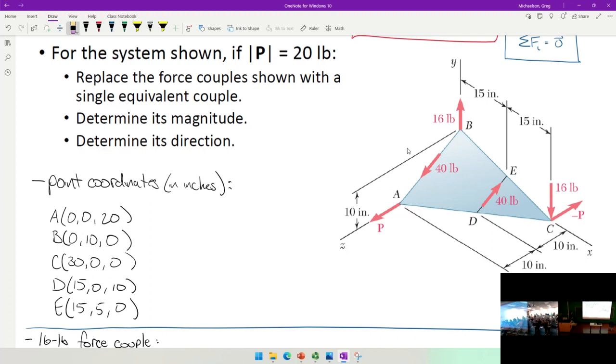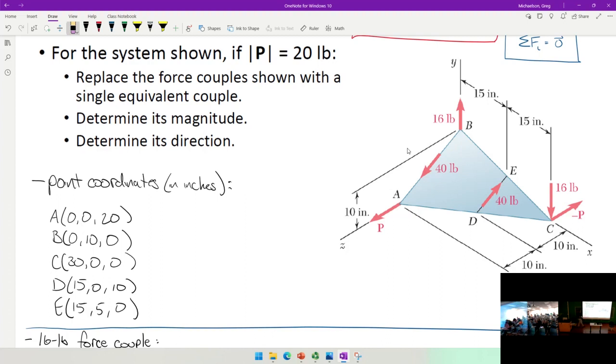Okay, so we've handled the moment generated by this 16-pound force couple. Let's deal with this 20-pound force couple. Remember, the magnitude of this force and this force right here is 20 pounds. Now let's ask the same questions that we asked in the previous observation approach.